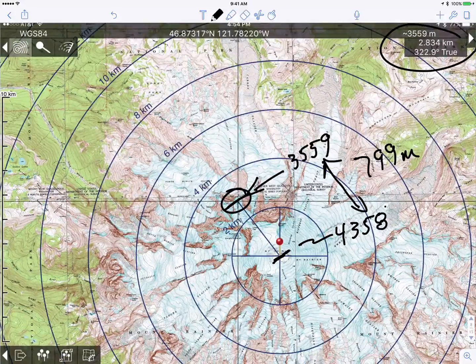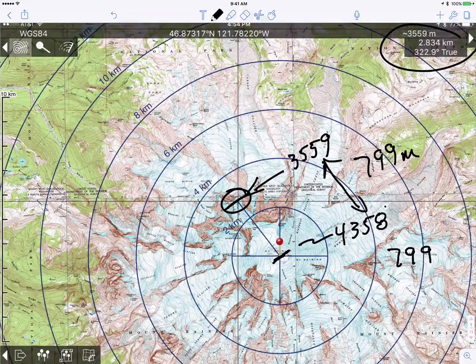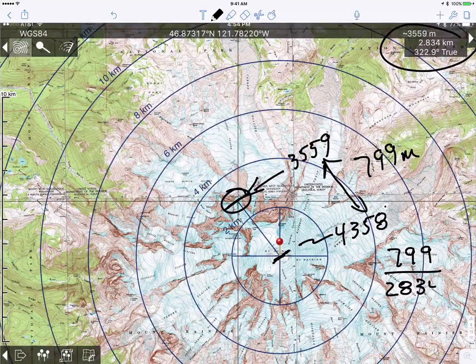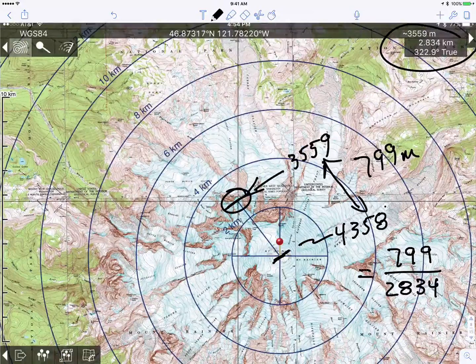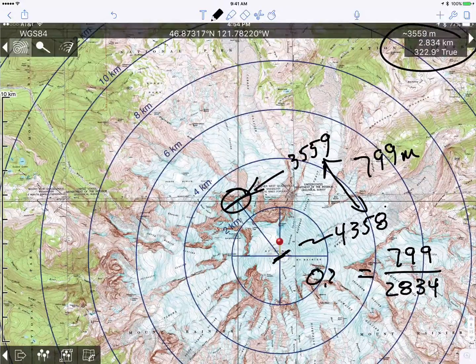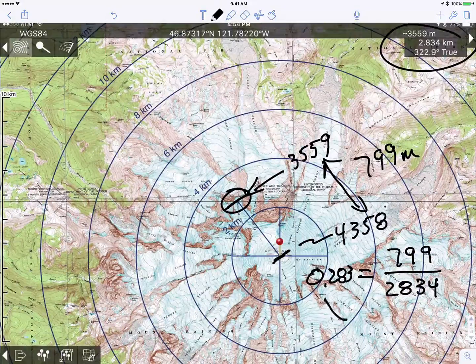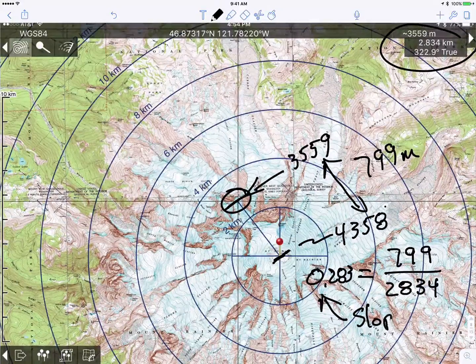So I can do that calculation, 799 divided by 2,834, and that gives me a value of the slope of about 0.283. So that now is the slope of this first line segment.